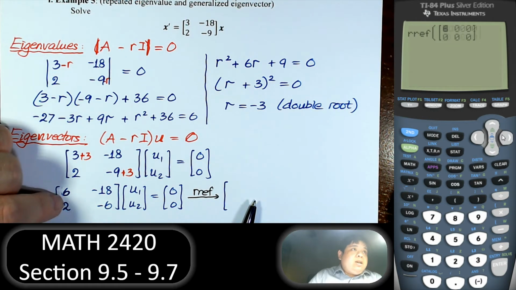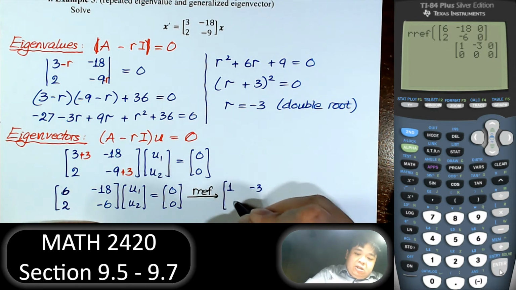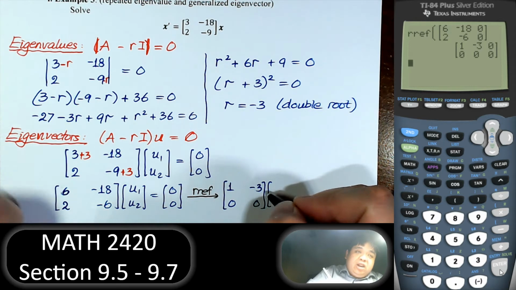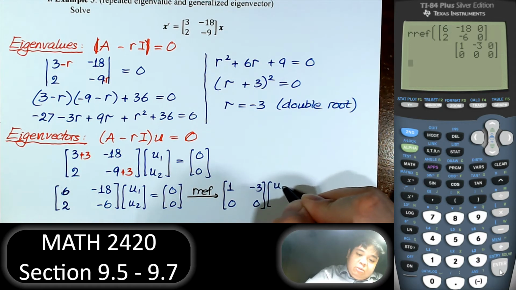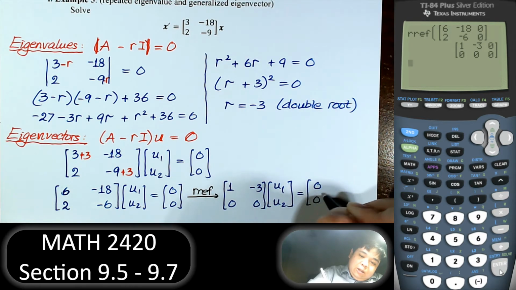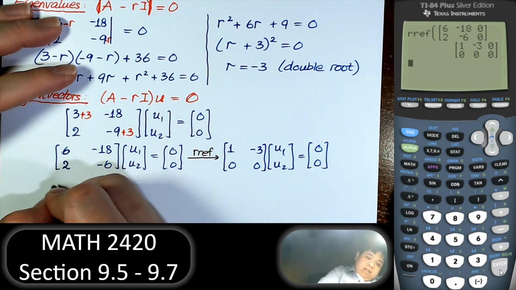Right, 6, negative 18, 2, and negative 6. I said it just simplifies the numbers. Don't really do much here. We can just pick any of these rows and still work. Right, once again choose U2 to be arbitrary.